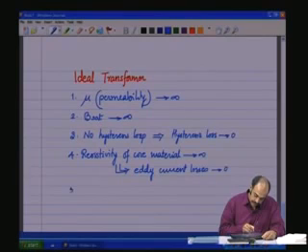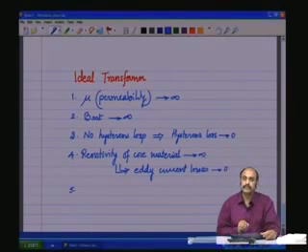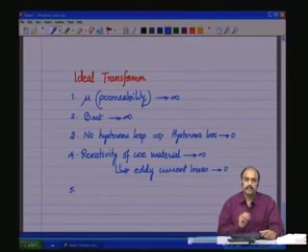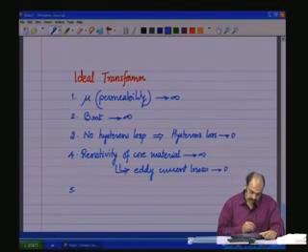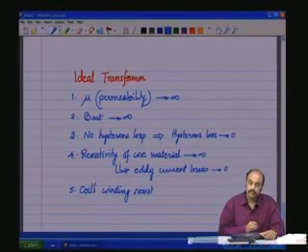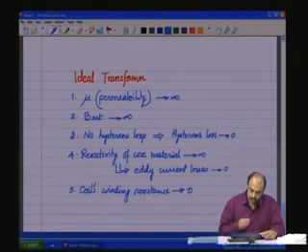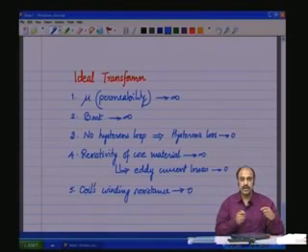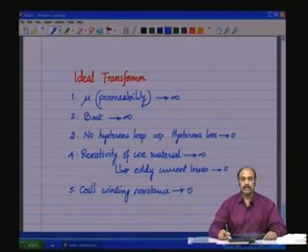Further, there is a fifth one, which is on the coil. The coil which is wound on the core should have 0 resistance. So, the coil's winding resistance should tend to 0, meaning the copper, that is normally copper is wound on the core, but copper has a finite resistance.